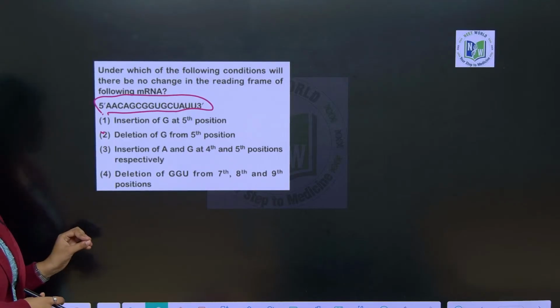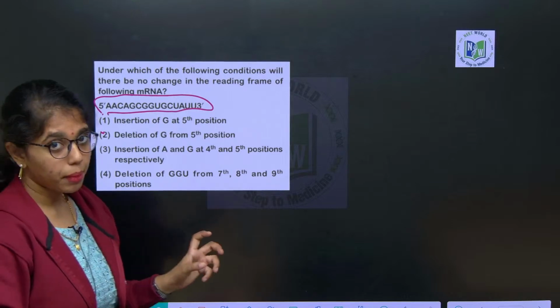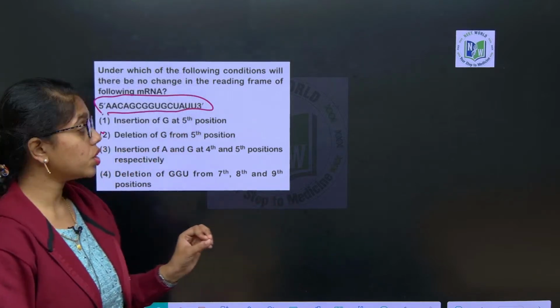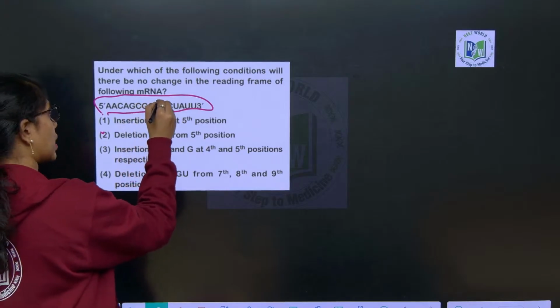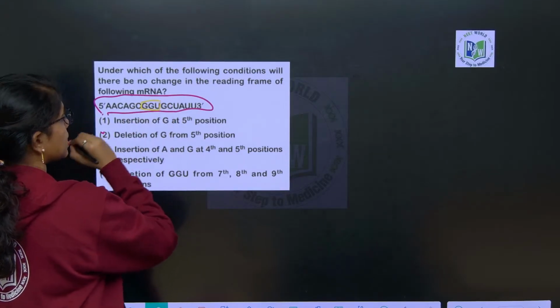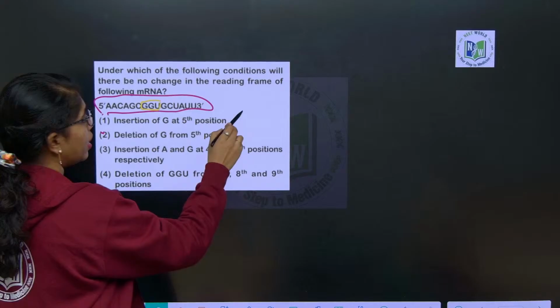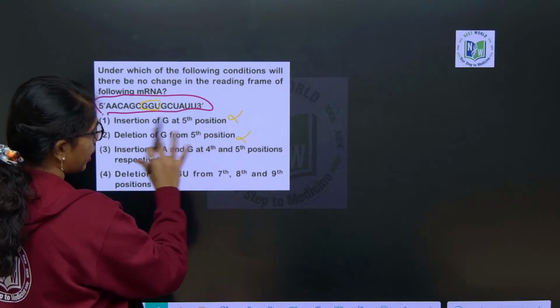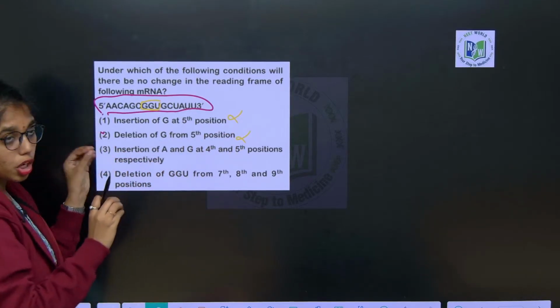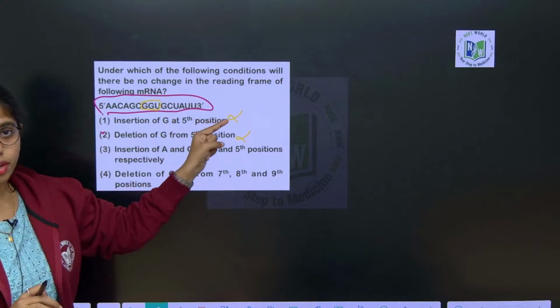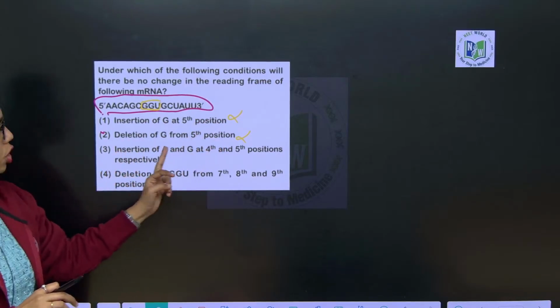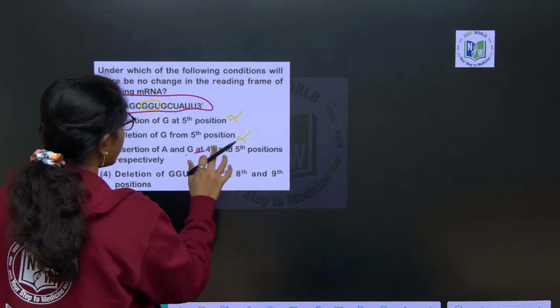of the mRNA. The reading frame of the mRNA will not be changed when 3 nitrogen bases are shifted, not one at any position, because by insertion or deletion of one, the entire reading frame will be changed. By insertion of 2 nitrogen bases, it will be changed.